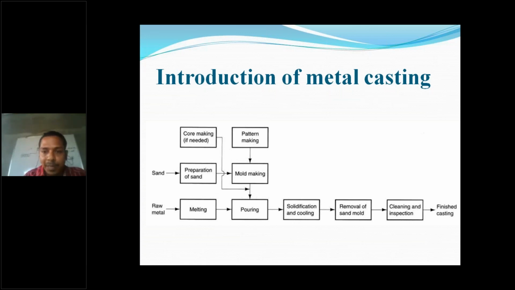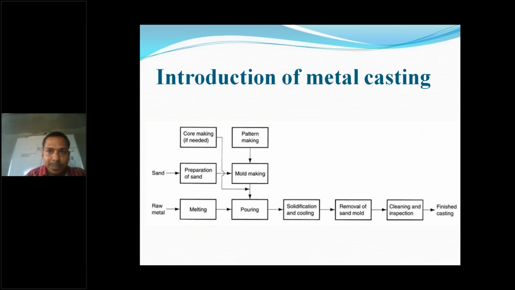With the product we also get the solidified material available in the gating system. There are also some further steps to follow, like in the fettling shop we trim the unwanted parts from the product, and after that if required we do machining, and finally cleaning and inspection. So these are the steps generally followed in the casting process.